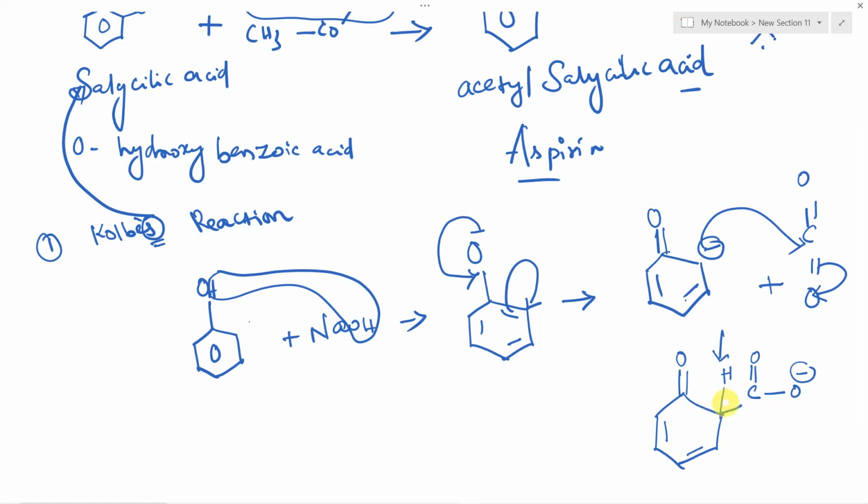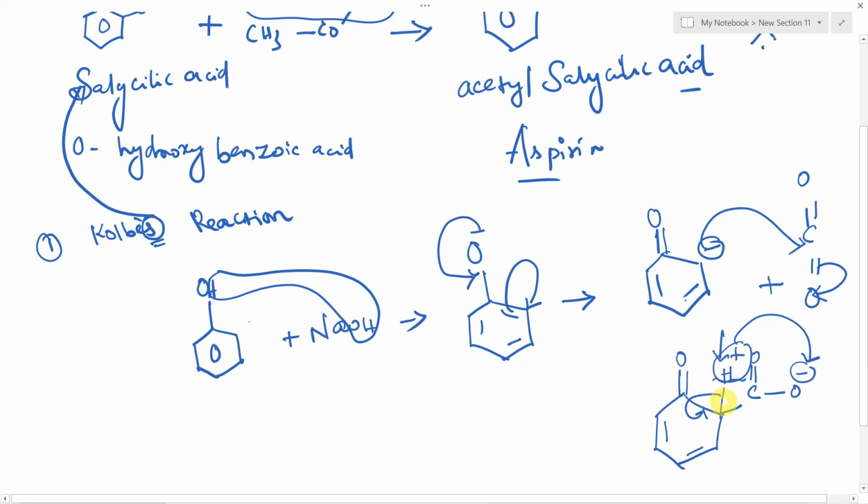In order to maintain the aromaticity of the benzene ring, it will donate its pair of electrons to the ring and it releases H plus ion. So this H plus ion will move on and join the O negative, because this is in need of a proton, right?